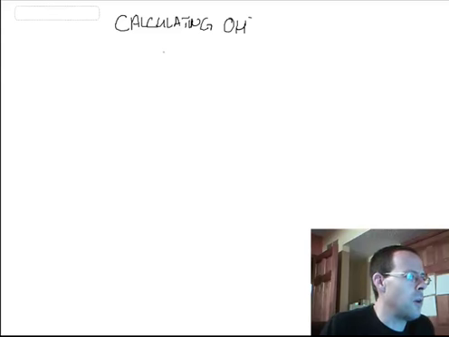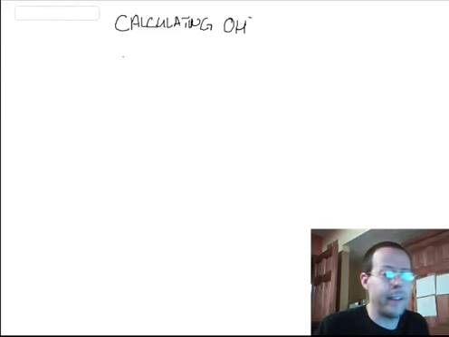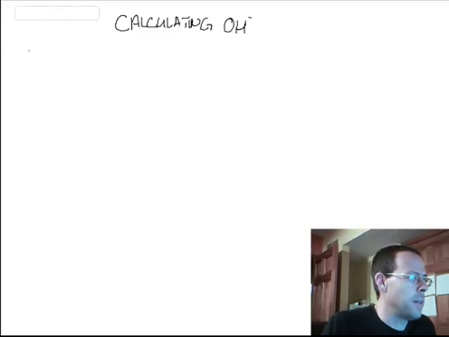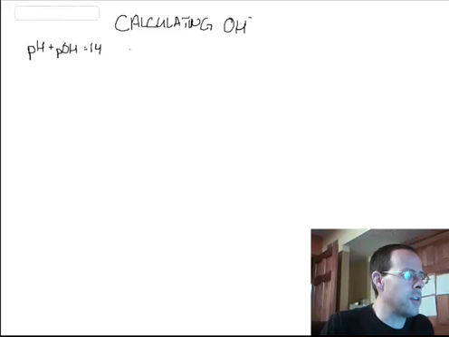All right. So this kind of tags along with our calculating pH podcast. But in that podcast, I introduced you to a few equations. One was pH plus pOH equals 14. And then we had two kind of pH equations. One was pH equals the negative log of hydrogen concentration.